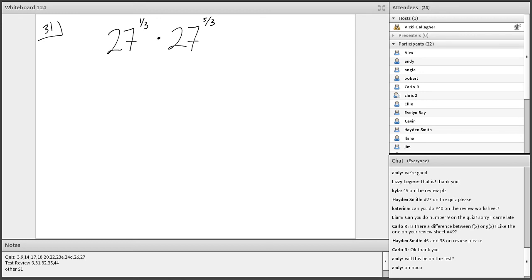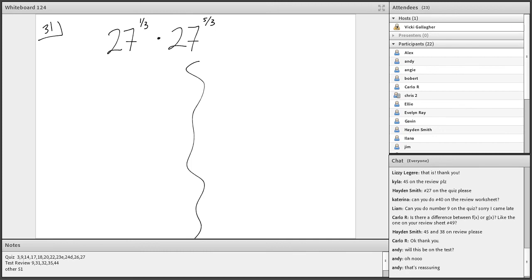There are two different ways you can do this problem. Me personally, I like just dealing with them as exponents. It's really important that my big numbers are the same big number. They're both 27. My rule says if I have a multiplication problem where the big numbers are the same, I'm going to keep my big number the same and add my exponents.